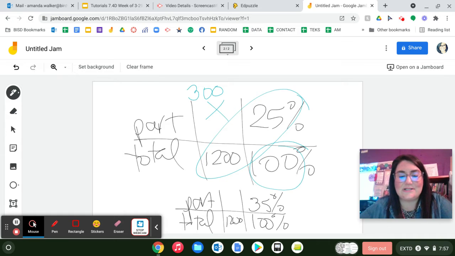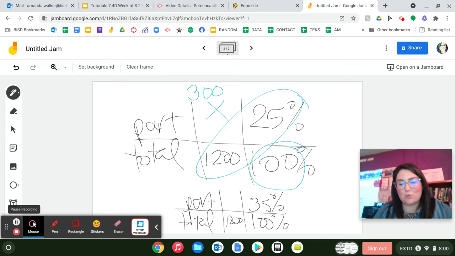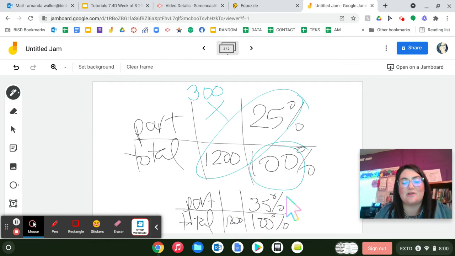So 1,200 times 35, and then divide that by 100. And one shortcut that I see is that if I'm going to be multiplying these two numbers and then dividing by 100, what I could actually do is divide 1200 by 100 and get 12 and just multiply 12 times 35. That will give me the actual answer.